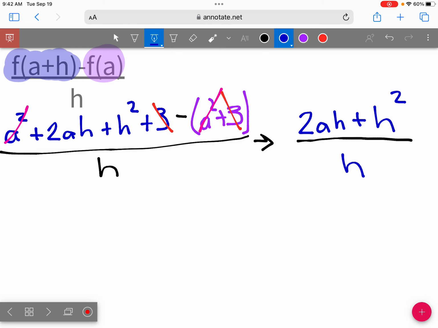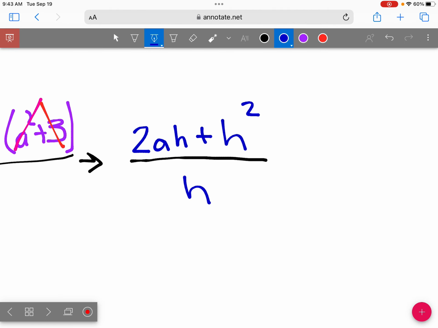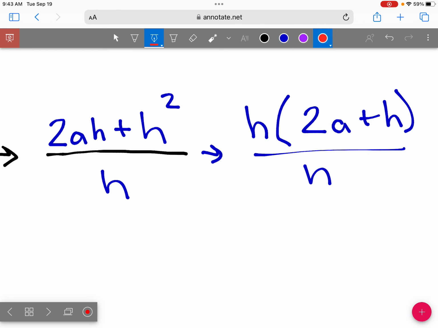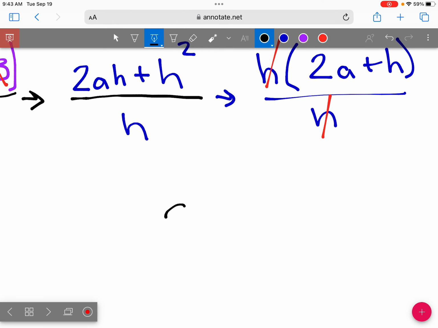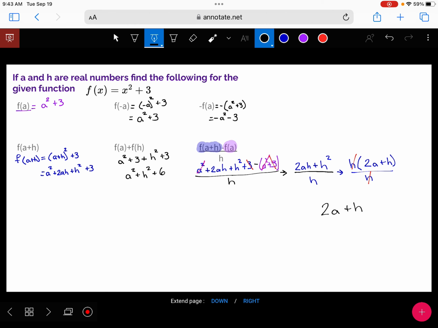What happens now? I've got h's that cancel out, and if we need to do it in 2 steps, please do, because I can factor out h of both of those pieces to get me 2a plus h over h. It's got to come out of both terms. So our answer is 2a plus h is what's left from that fraction.